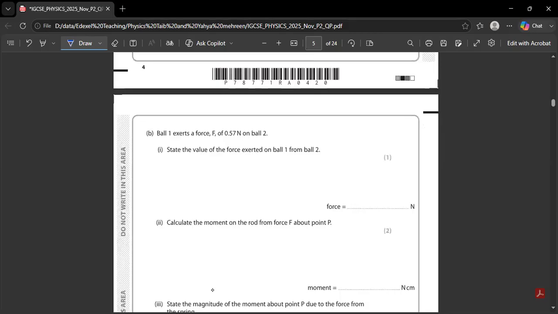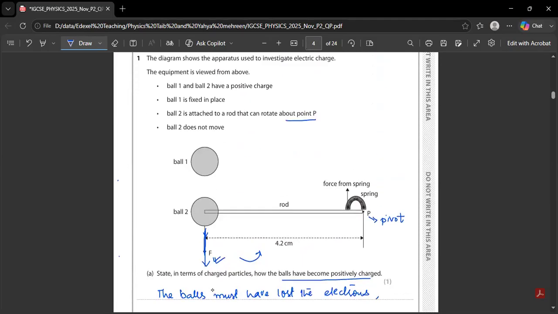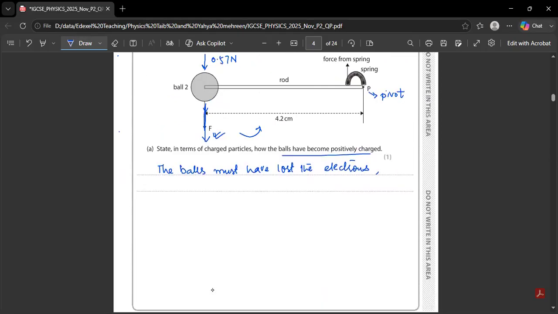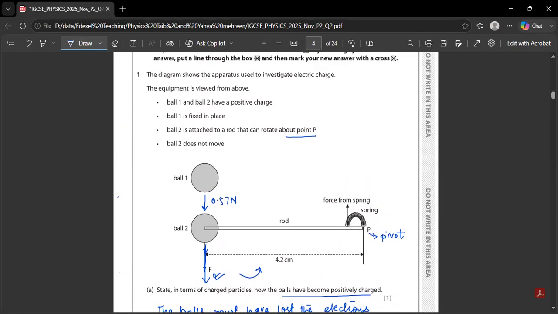The next part says ball one exerts a force F of 0.57 Newton on ball two. Ball one is here and it is exerting a force of 0.57 Newton on ball two. And are they both positively charged bodies? Yes, this is the information that is given here.